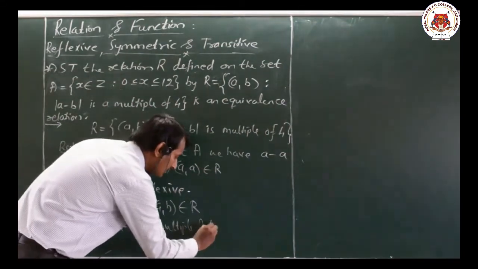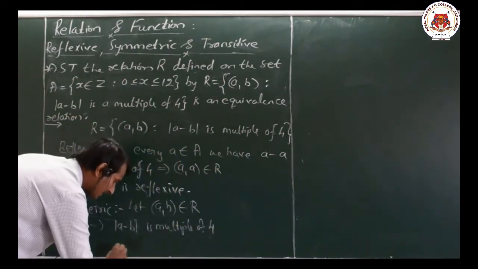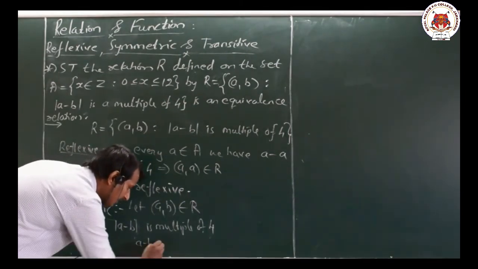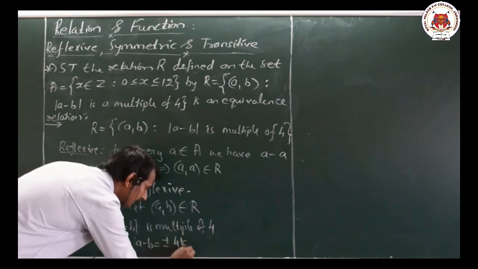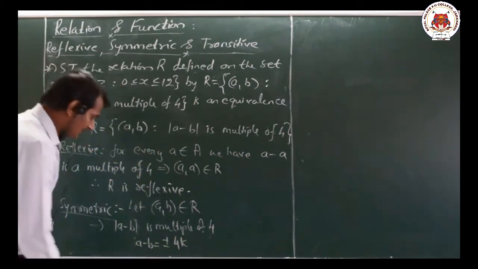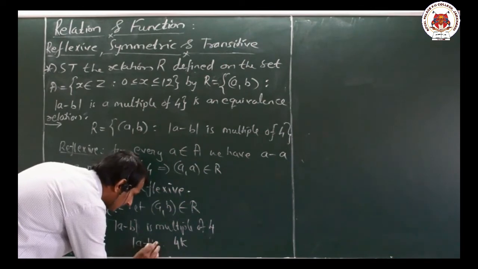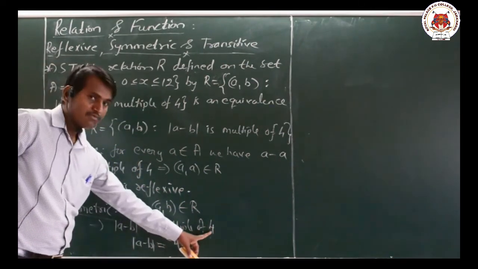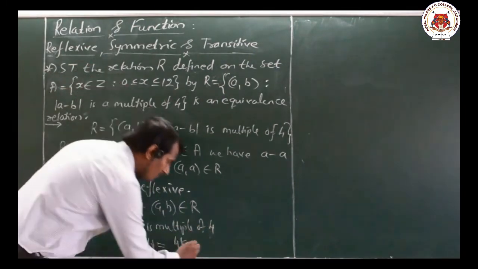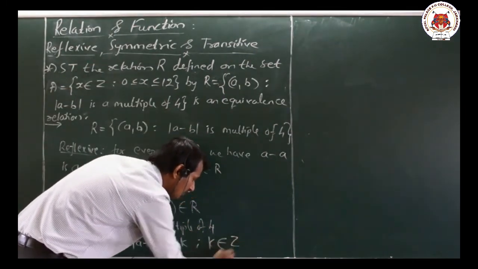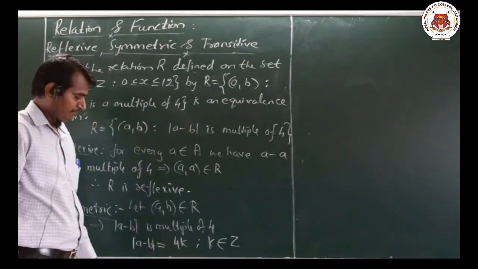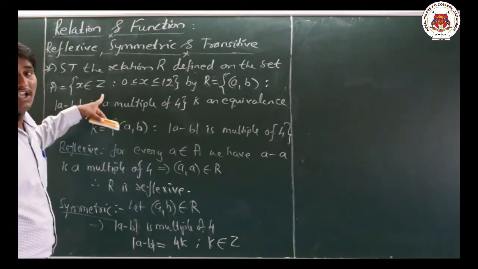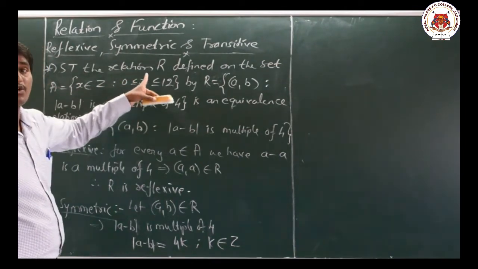Dear friends, since it is a multiple of 4, what I can write here is a minus b equal to plus or minus 4k, or else you can write mod of a minus b equal to 4k, where k belongs to Z, for some k belongs to Z. Why have we taken k as Z here? Because x belongs to an integer here and it is between 0 to 12.